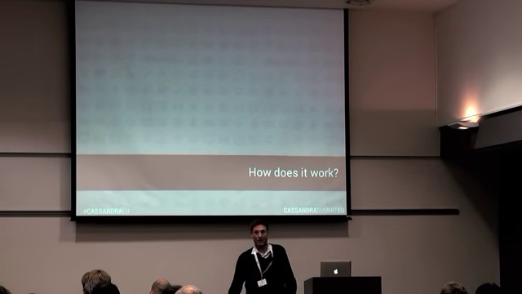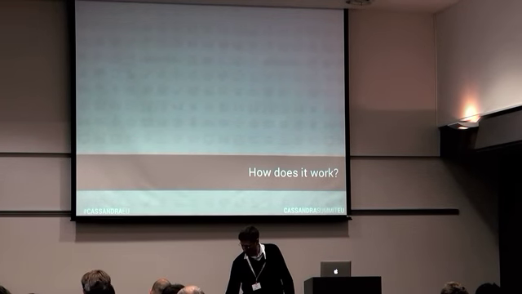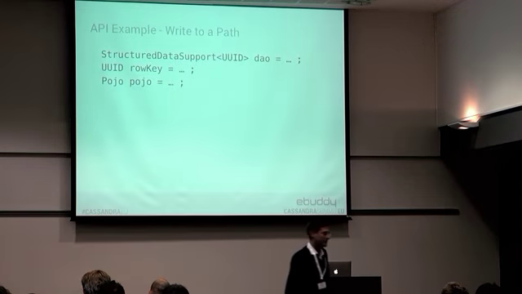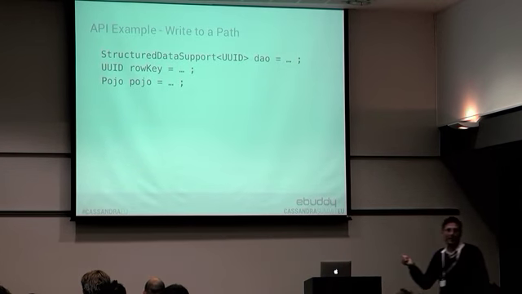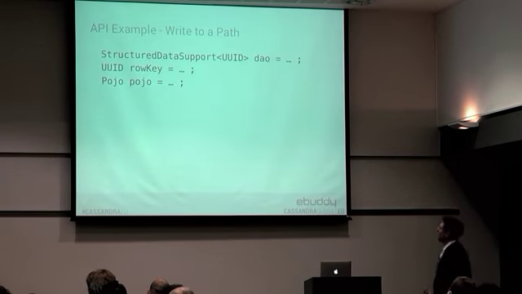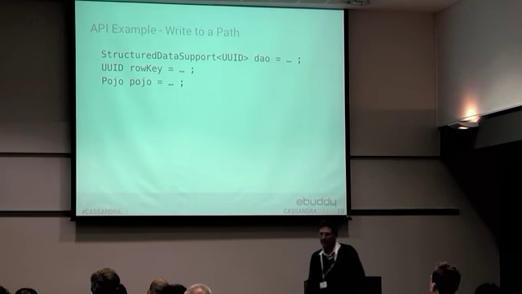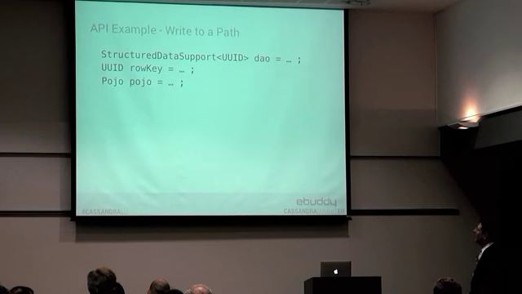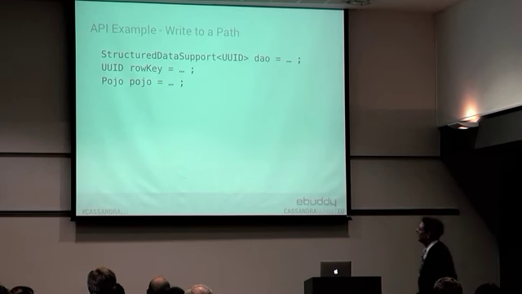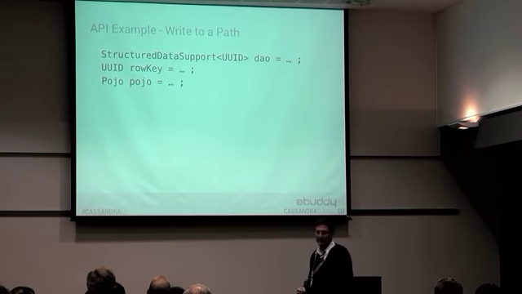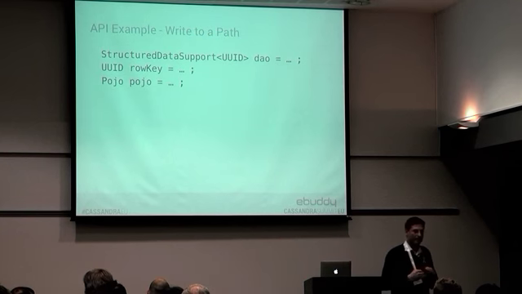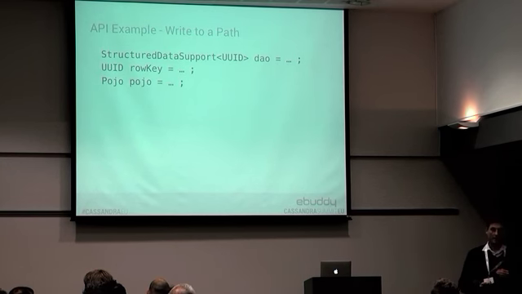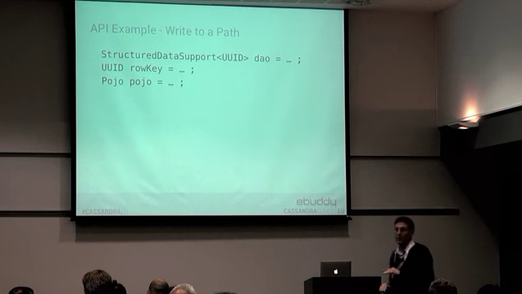And so let's look a little bit more closely at how it works exactly. First we'll look at some API examples. The main interface in this library is called Structured Data Support. It is intended to be a layer above the client driver, but a layer below your own application data access layer.